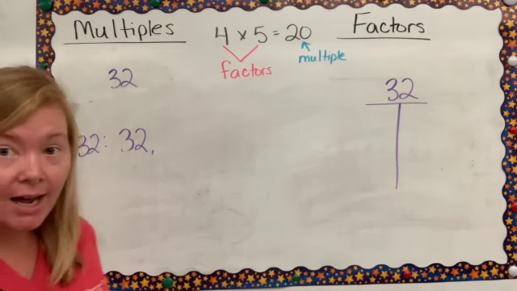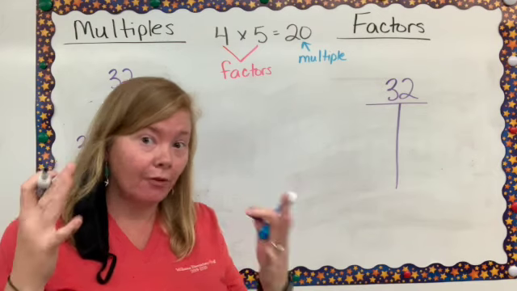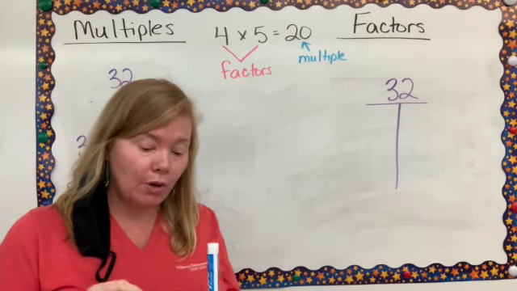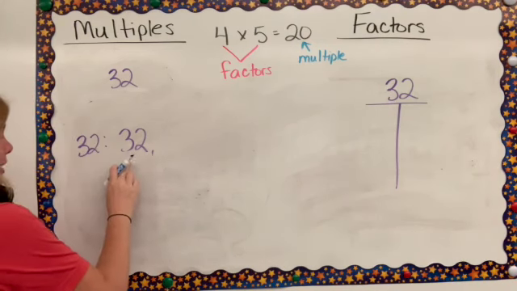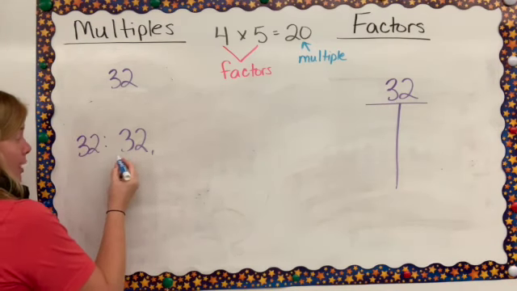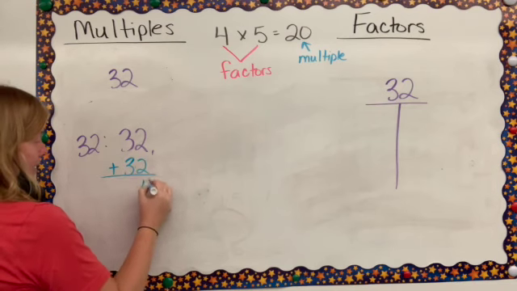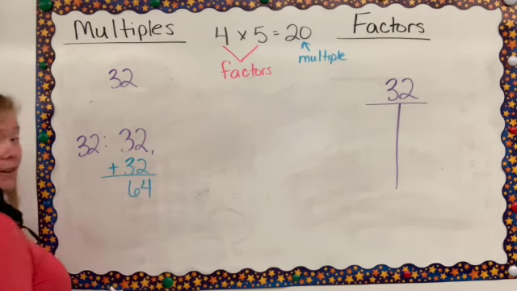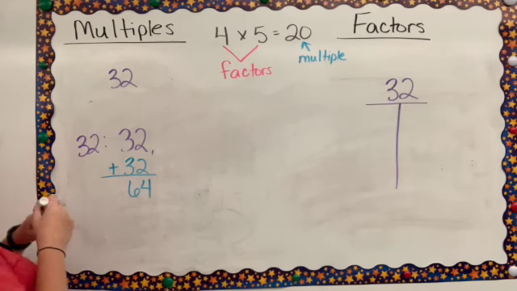Now, I do not expect you to count from 32 times on your fingers. So what you need to do when you have bigger numbers and you're trying to figure out the multiples is you need to say to yourself, 32 plus 32 is 64. So my next multiple is 64.